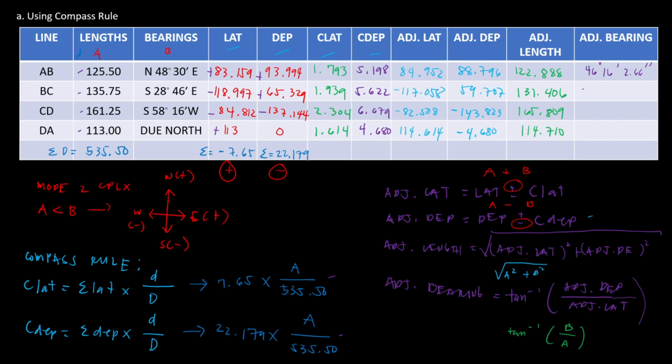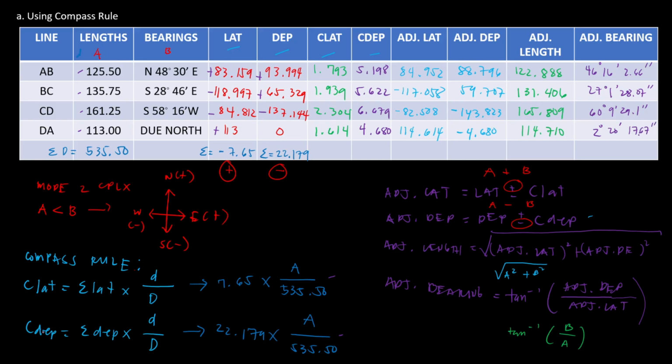So, next, for line BC, tangent inverse, 59.707 divided by 117.058, so that is 27 degrees, 1 minute, and 28.07 seconds. Next, line CD, this is 60 degrees, 9 minutes, and 29.1 seconds. And then, last for line DA, this is 2 degrees, 20 minutes, and 17.67 seconds.